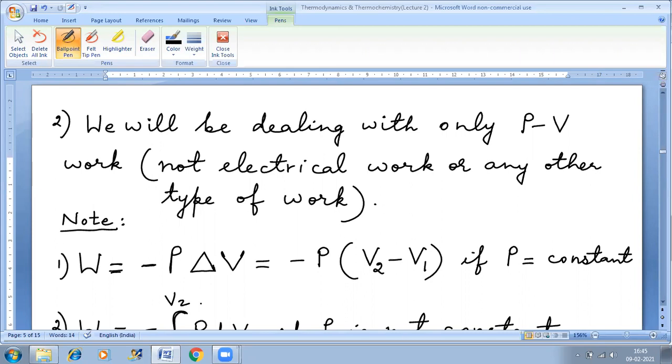Change in volume is V2 minus V1. V2 is the final volume and V1 is the initial volume. So V2 minus V1 will be the change in volume. So delta V is V2 minus V1 and P is the pressure, which is constant. So in a process where the pressure is constant, we can use this formula for finding out the value of work done.